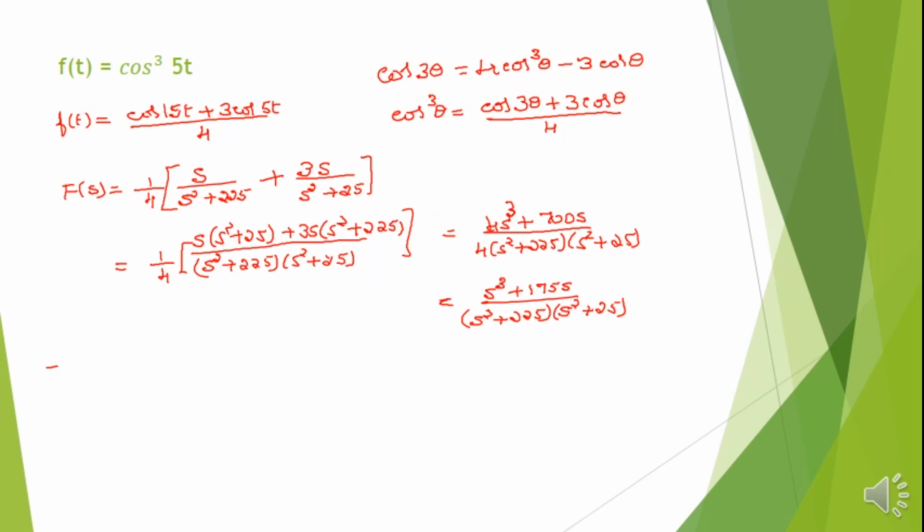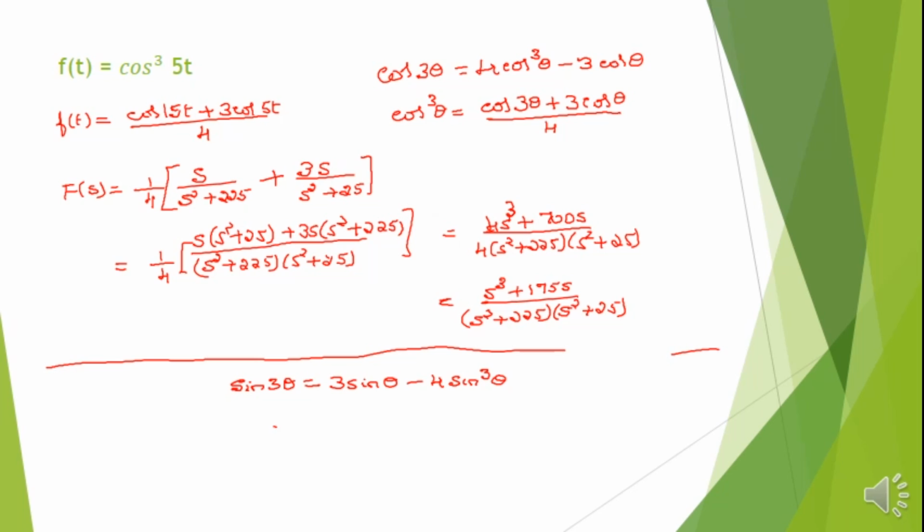Similarly, if sin cube theta is asked, then we need to use sin 3 theta equal to 3 sin theta minus 4 sin cube theta.